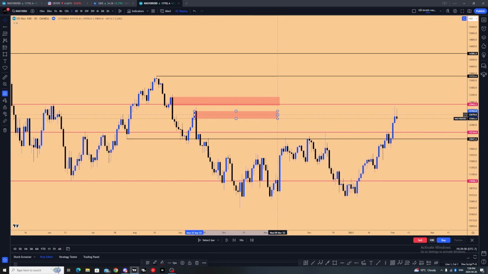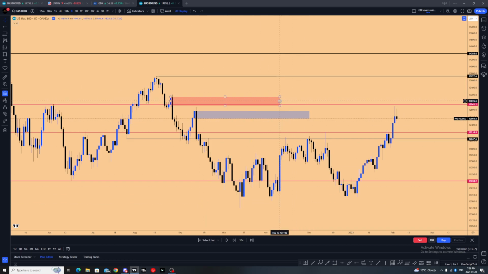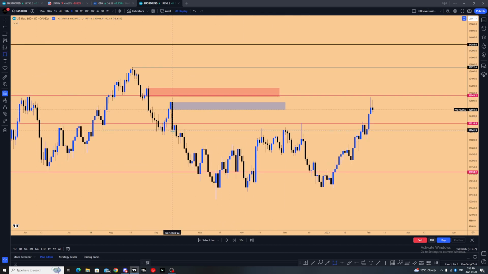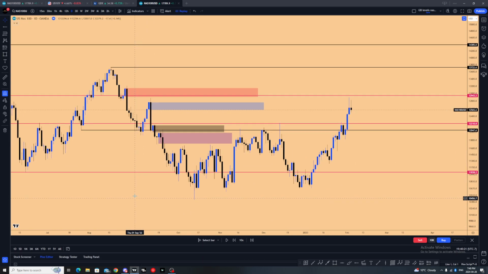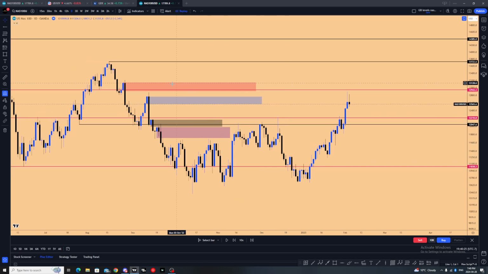Now I'm going to assign them different colors, so you are able to tell me, based on the color, which color represents which order block. All right, for the bearish stuff, this is it.